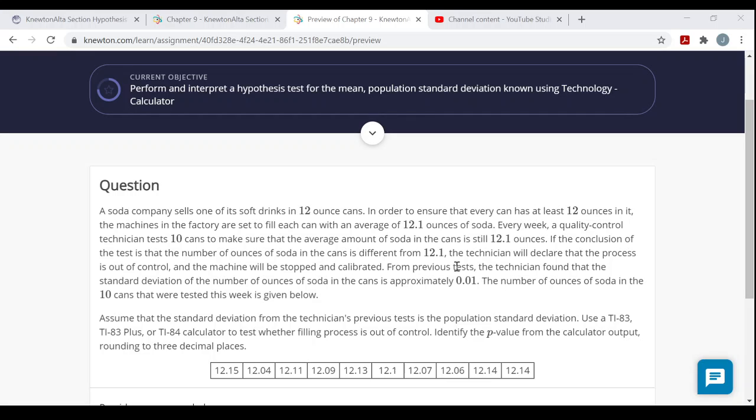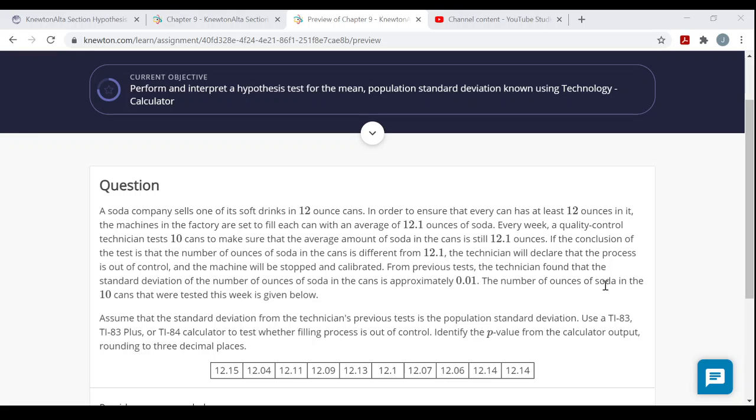Now, from previous tests, the technician found that the standard deviation of the number of ounces of soda in the cans is approximately 0.01. So this is sigma, the population standard deviation from previous tests. We're going to assume here that sigma is 0.01.